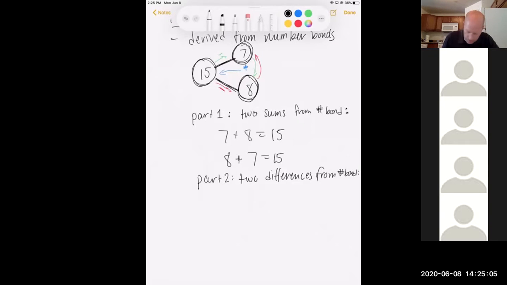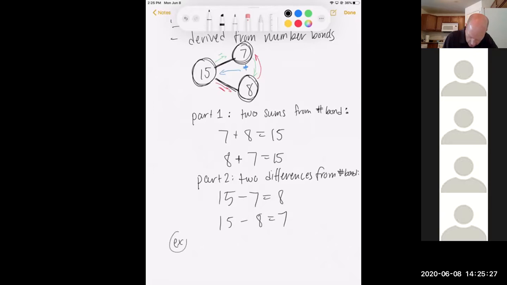Those are 15 subtract 7, like I showed before, that equals 8 in green arrows. And then you can also do 15 minus 8 equals 7 in the red arrows. Okay. Those are from the number bonds. Those are the 4 fact families.